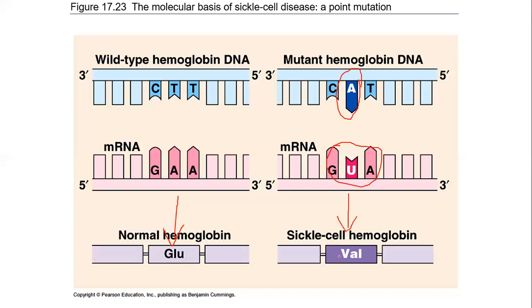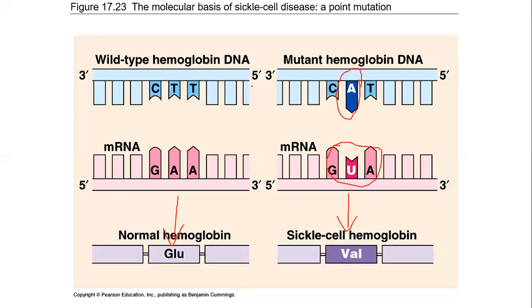So what's going to happen is that the hemoglobin is going to have one wrong amino acid in it. And that is the cause of a disease called sickle cell anemia, where many people suffer drastic problems with their red blood cells because of it. And it's all caused by a mutation.